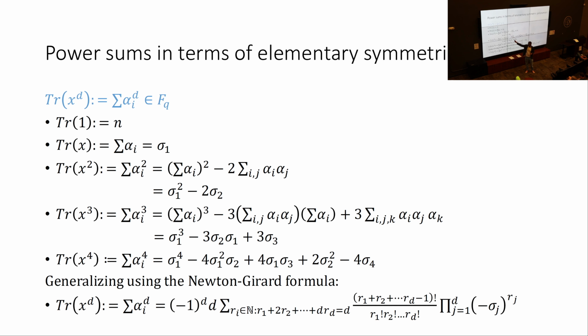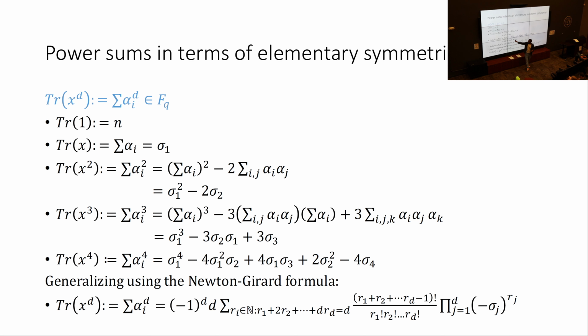And the trace of x squared is the power sum of these roots squared. So you can represent it using simple algebra, and you can write it in terms of sigma 1 and sigma 2. Similarly, you can do it for the cube.